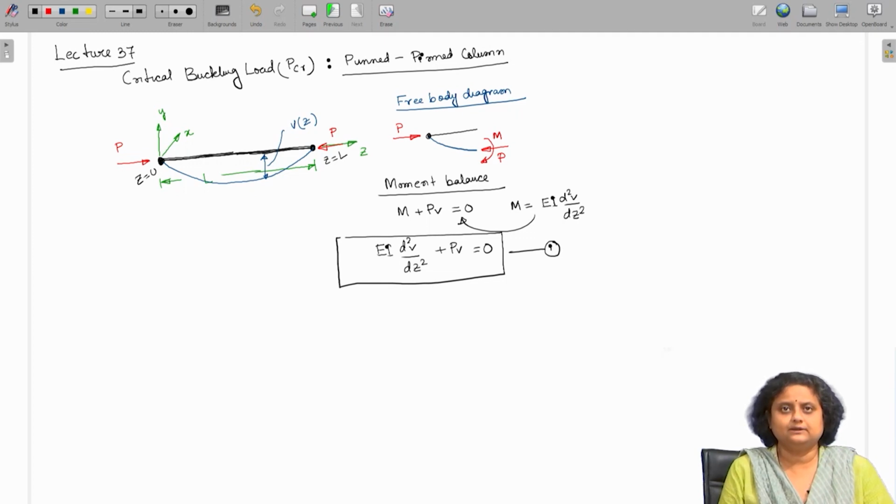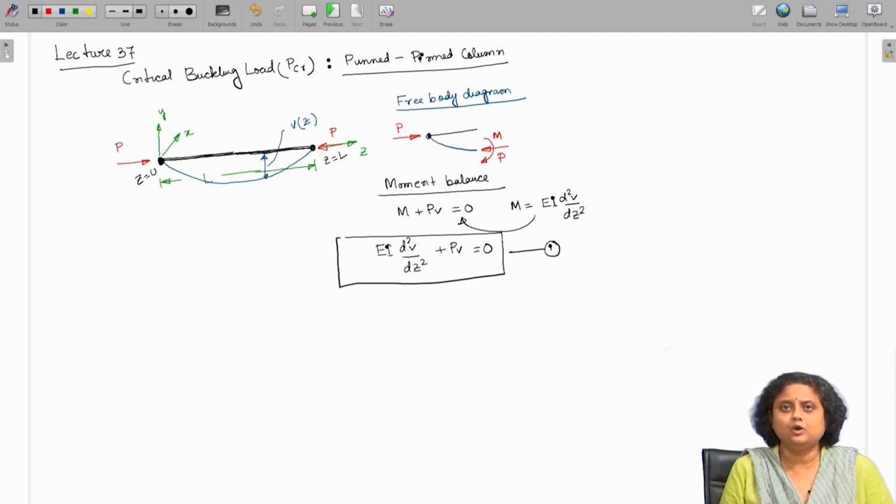We assume that the column, because of this load, is deforming, and let the deformation be referred to as Vz, where V is the deformation which is a function of z, z being the lengthwise axis of the column. Now, we have to see whether it is feasible to have a Vz because of this axial compressive load.